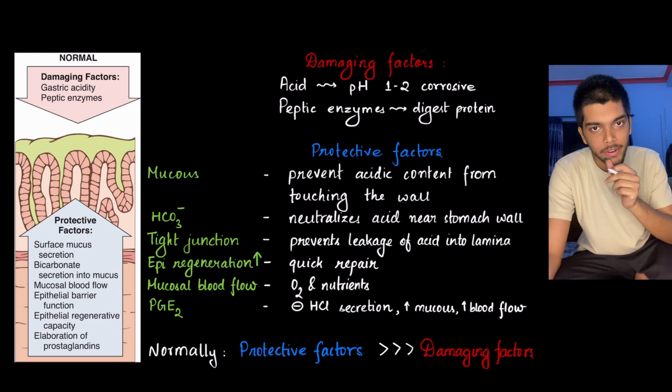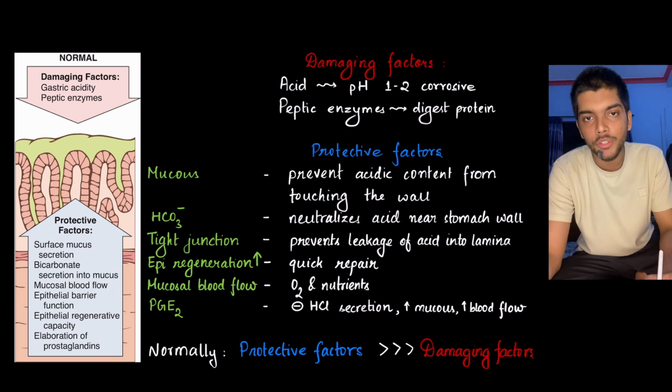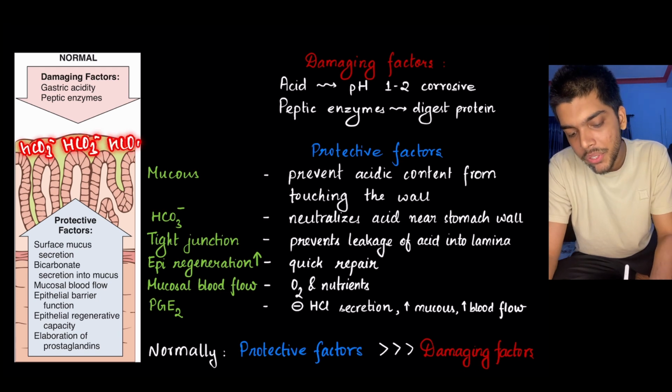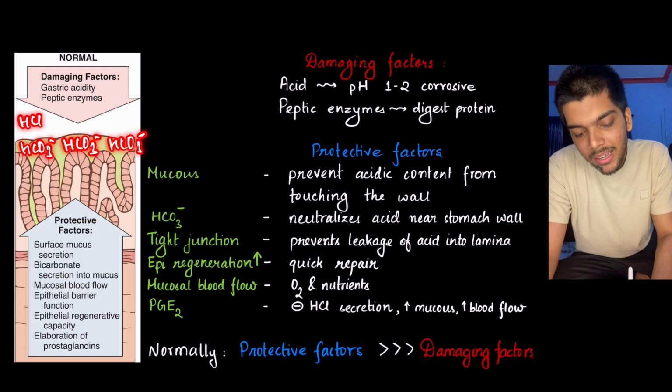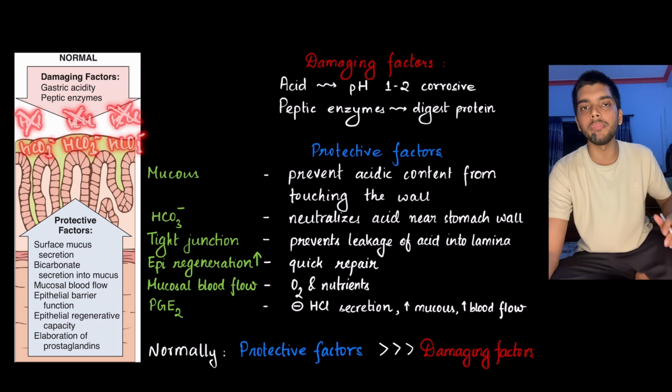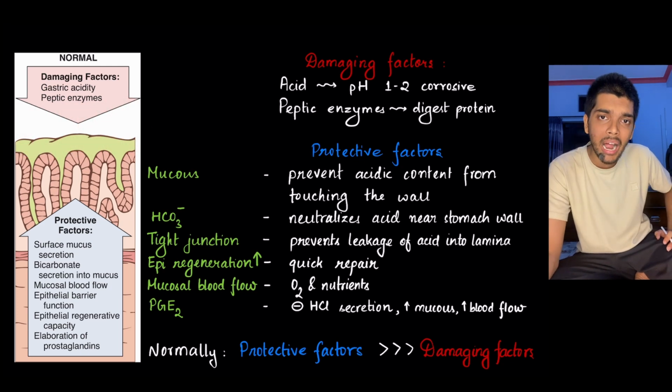Next, bicarbonate. The same foveolar cells also produce bicarbonate. The bicarbonate is also present along with mucus right here. The function of which is, the acid present near the wall of the stomach will get neutralized by the bicarbonate, so basically it is no longer corrosive.